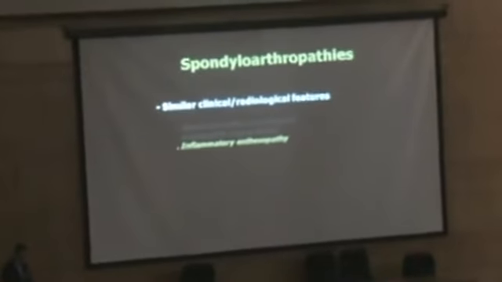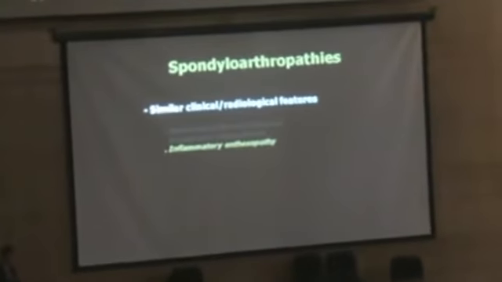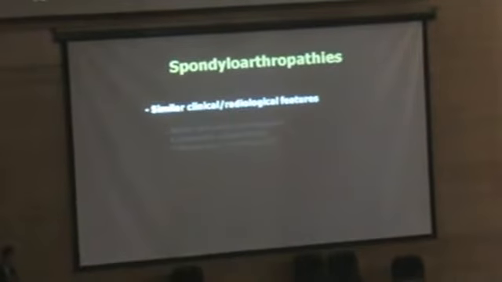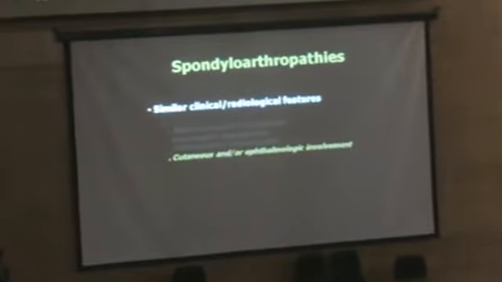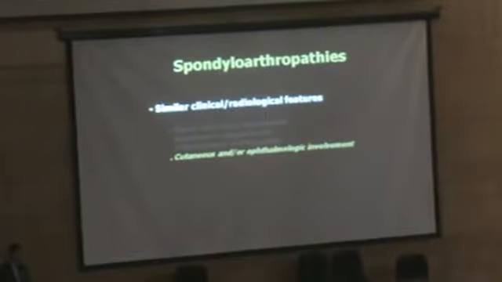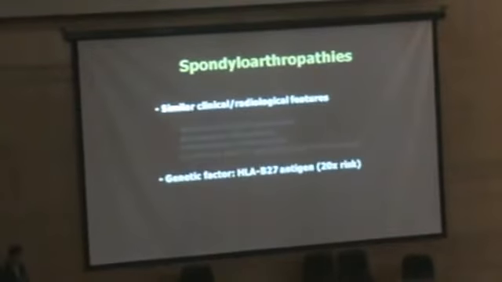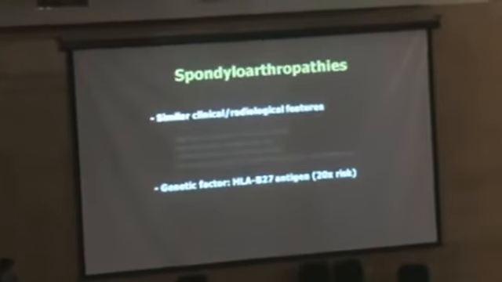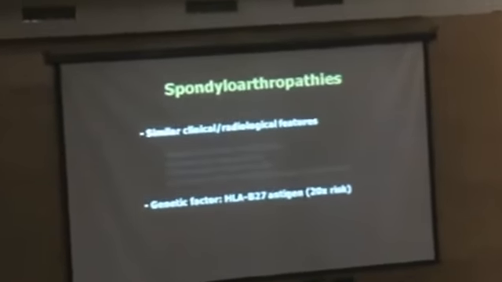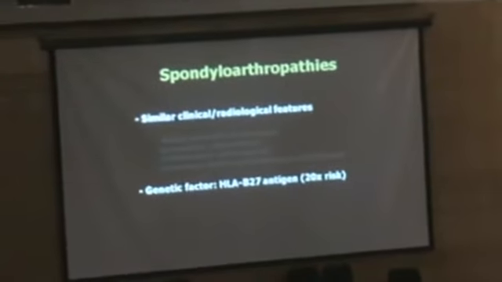Inflammatory enthesopathy is often seen as well in those diseases, what we call enthesitis. And it's not rare to find extra-articular involvement as well, such as cutaneous and/or ophthalmologic involvement in some of those diseases.